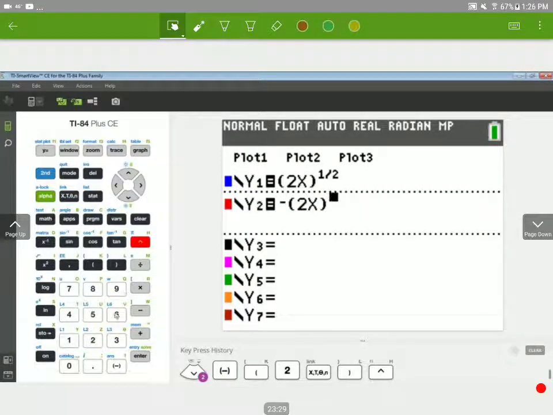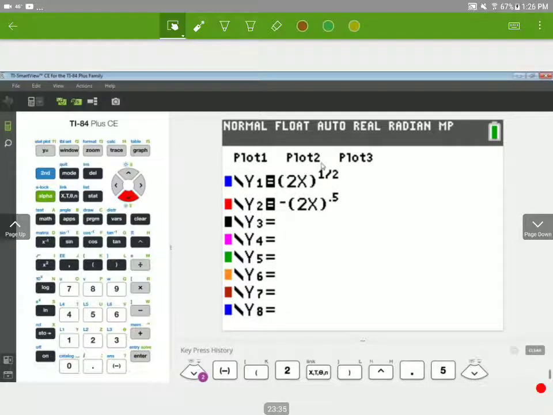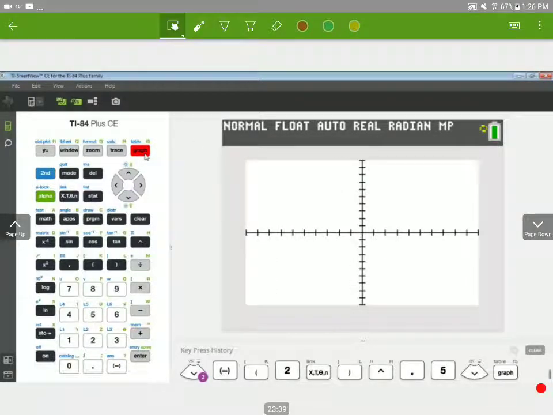And I'm just going to put it to the 0.5 to reiterate the idea that you could do either. It does not matter. They mean the same thing. All right, and if I graph it, yep, there's the top one, there's the bottom one. It's a sideways parabola. Exactly what it is.